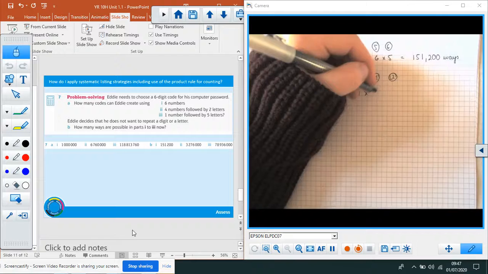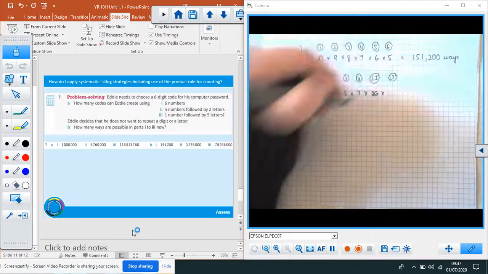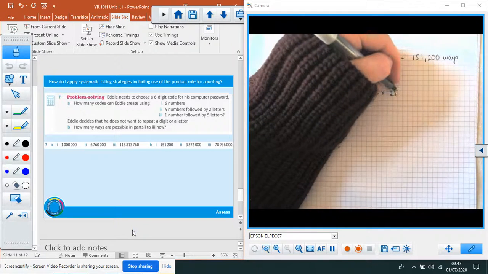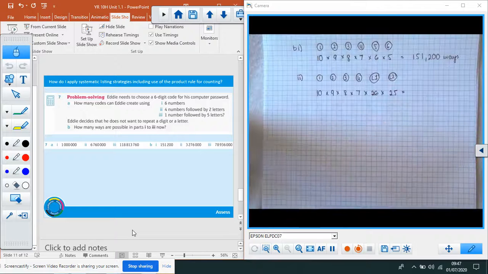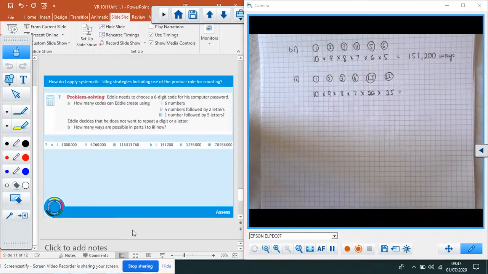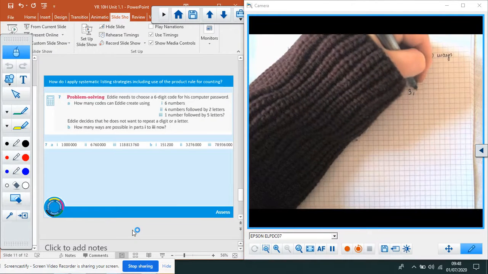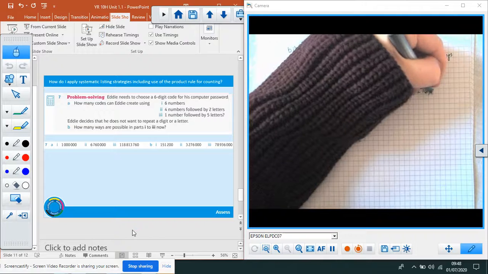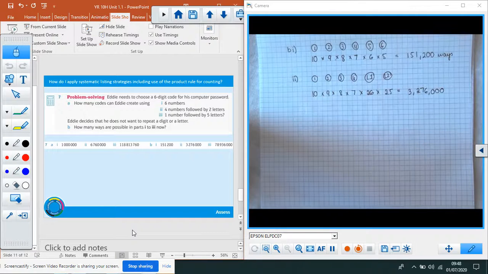He has 26 options for letter 1, and then only 25 options for letter 2. Multiply each of those together, and you will get 3,276,000. Okay, which is because each of them descends.